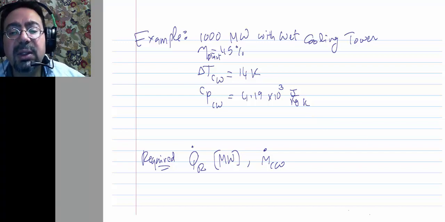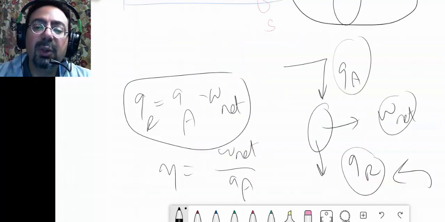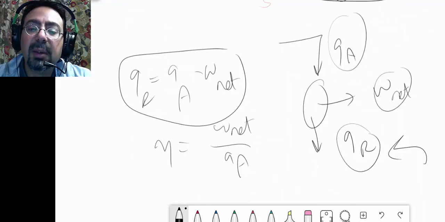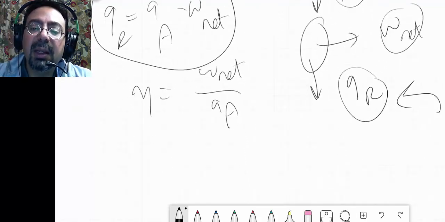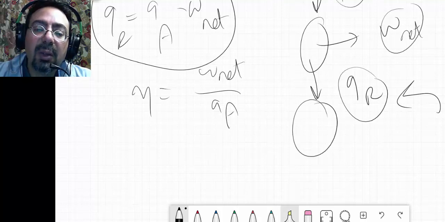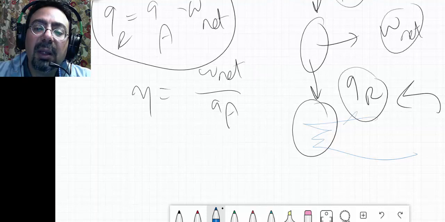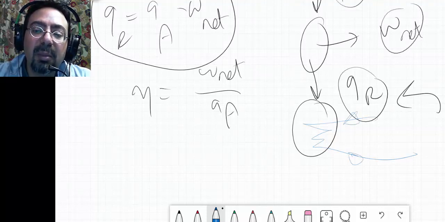He's saying that he's going to remove the Q rejected heat by sending the steam into a condenser, right? The condenser brings in cold water, and that cold water will get a little bit hot while turning the steam into saturated water. So that is the delta T of the cooling water.